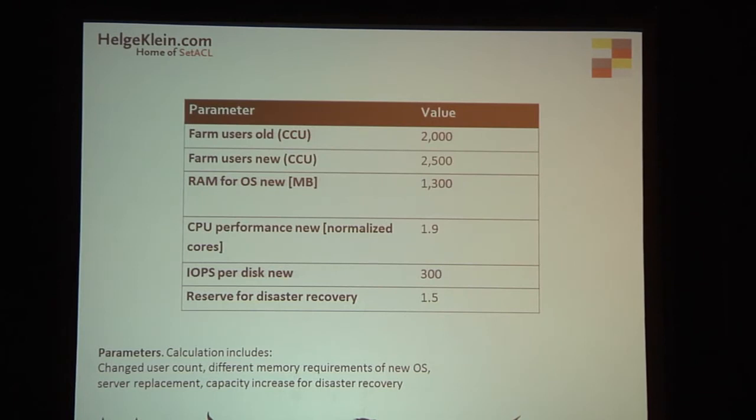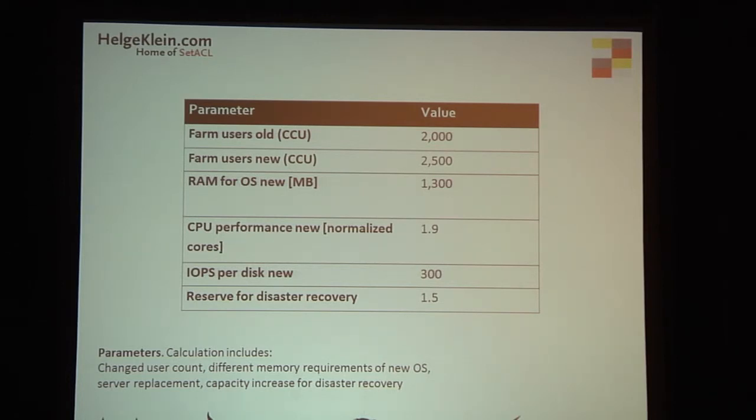In this case, for the calculation, I used some parameters, like you can see. The old CCU count, the number of users on the farm, was 2,000. The farm was to be increased in size to 2,500.